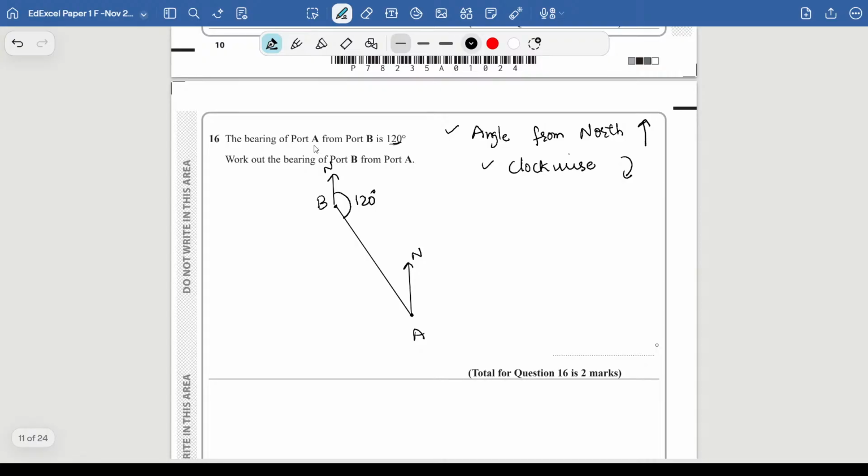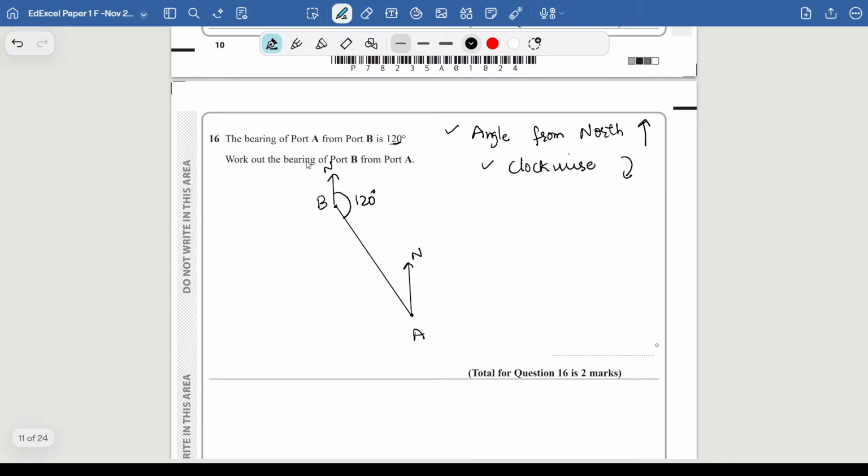So the bearing of port A from B is 120. From B, from north in the clockwise direction, if we go till port A, the angle is 120 degrees. So this is how you understand what is given in the question.